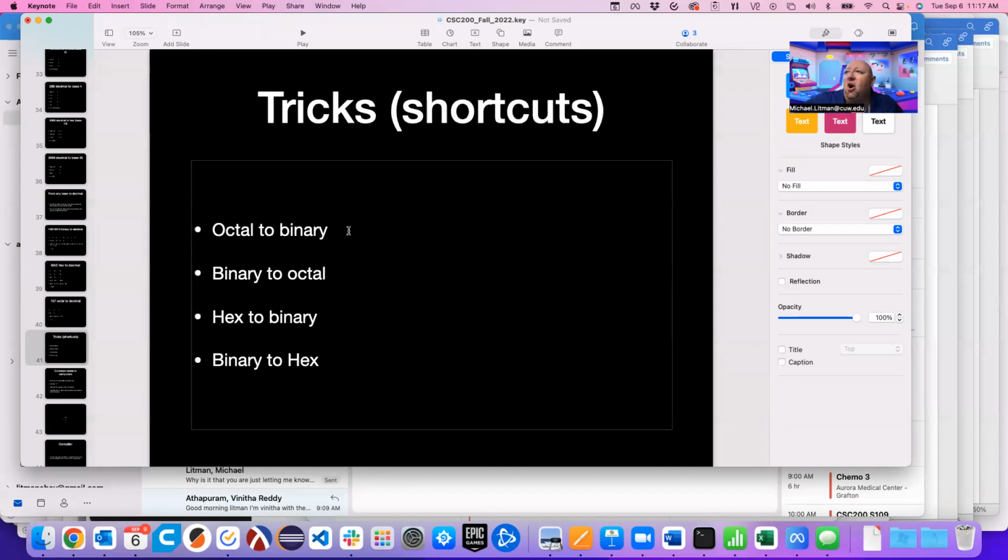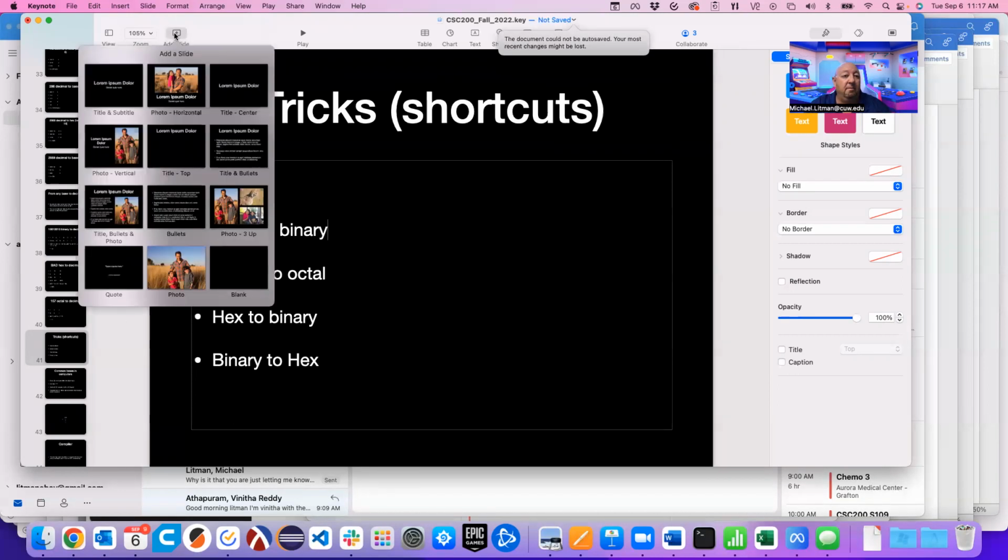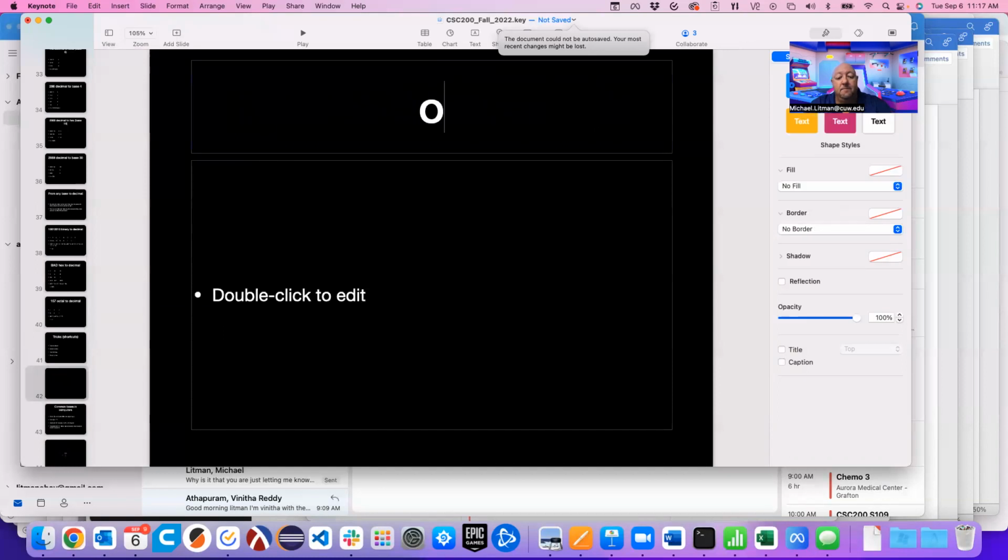Remind me, what are the legal octets in the octal numbering system? 0 through 7, right? So 0, 1, 2, 3, 4, 5, 6, 7. Octal, these are the octets.